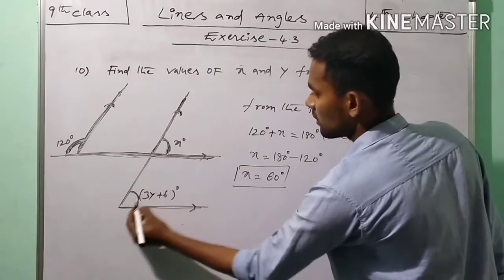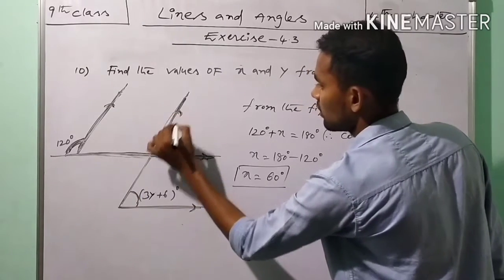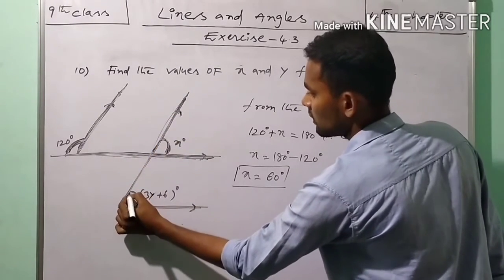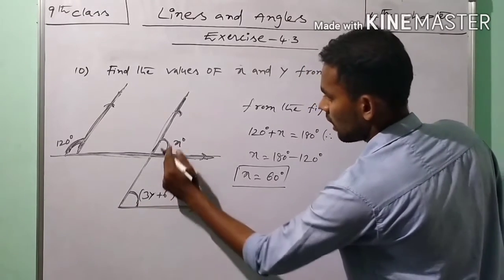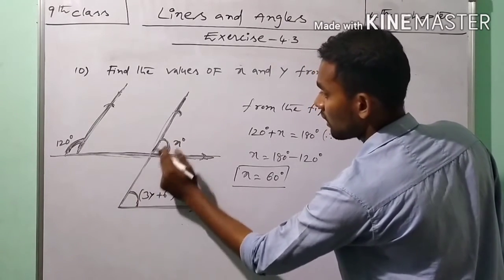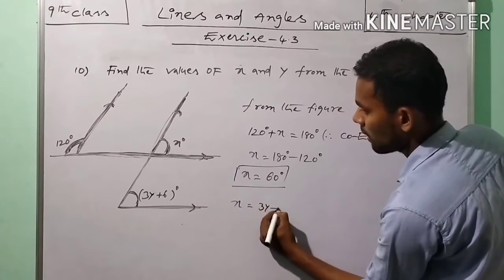This line is parallel. This line is transversal. This angle is x. This angle is 3y plus 6. Corresponding angles are equal. x equals 3y plus 6.